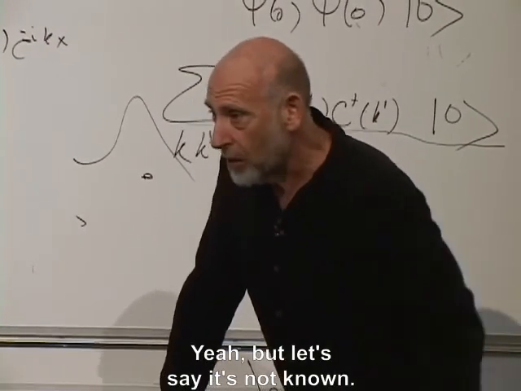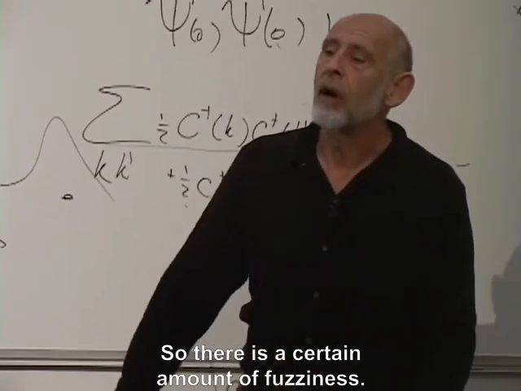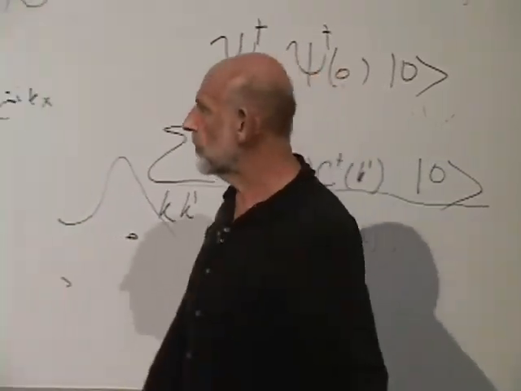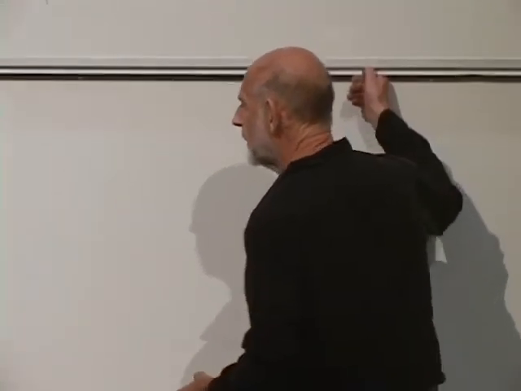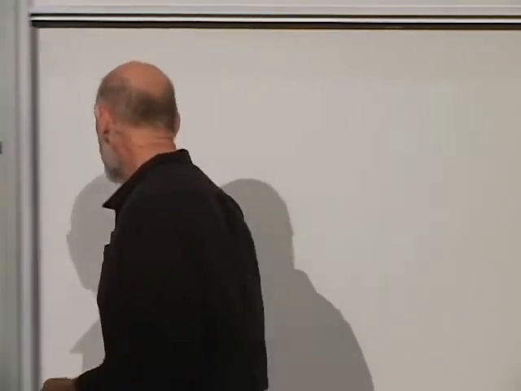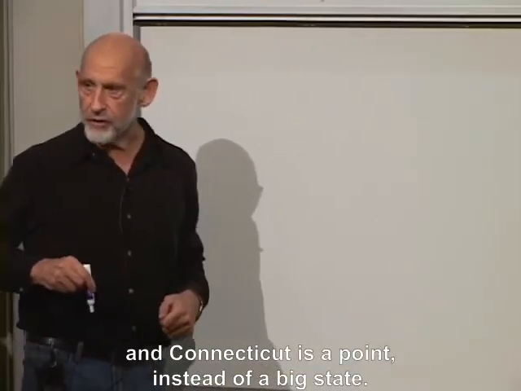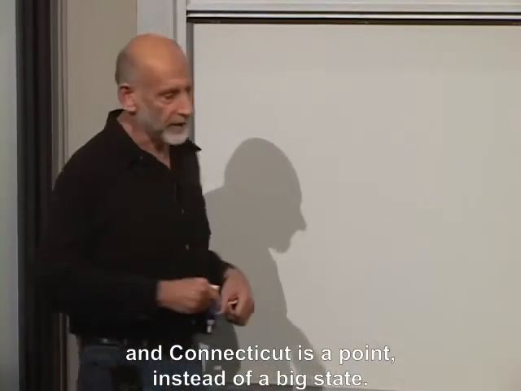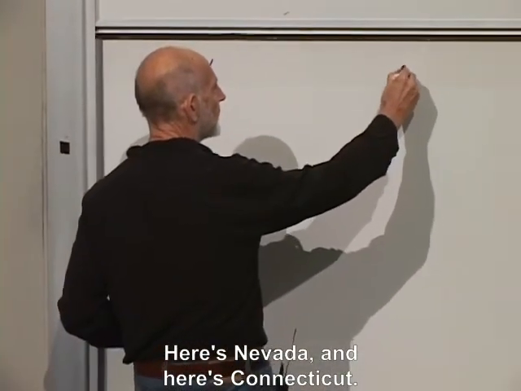Yeah, but let's say it's not known. Let's just say there's a slight probability difference, so there's a certain amount of fuzziness. Here's the situation. Let's imagine that Nevada is a point and Connecticut is a point instead of a big state. Here's Nevada, and here's Connecticut.